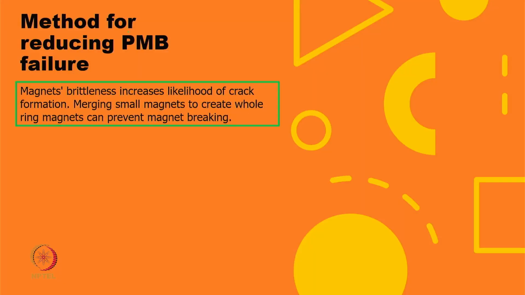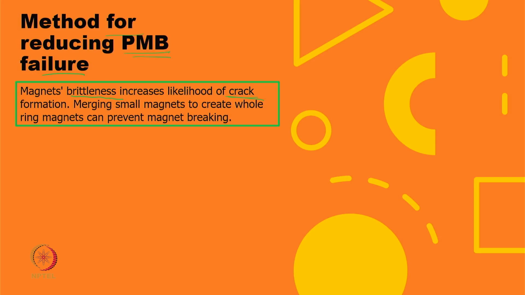So, we next come to the method to reduce failure of the permanent magnetic bearing. We say magnetic strength and magnetic brittleness increase the likelihood of crack formation. As I mentioned, crack formation is really playing a major role. So, how do we avoid the cracks? One possible solution was that, instead of coarse particles, we go with fine particles in material science.